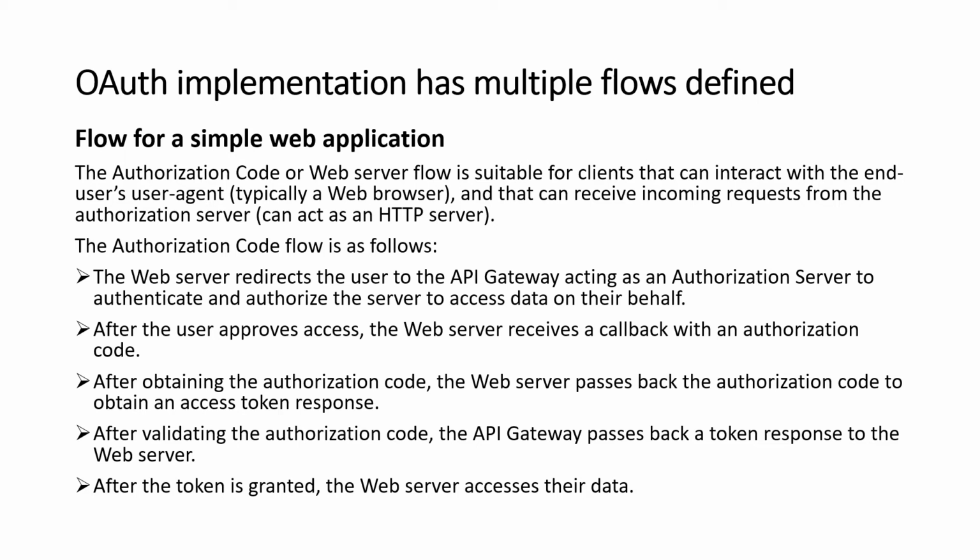There is a client ID and client secret, some keys which have already been provided to the authorization server by your web application. Also the redirect URL is configured in the authorization server, so after the successful response it knows where to go in your web application. Then it sends the authorization code to your web application.